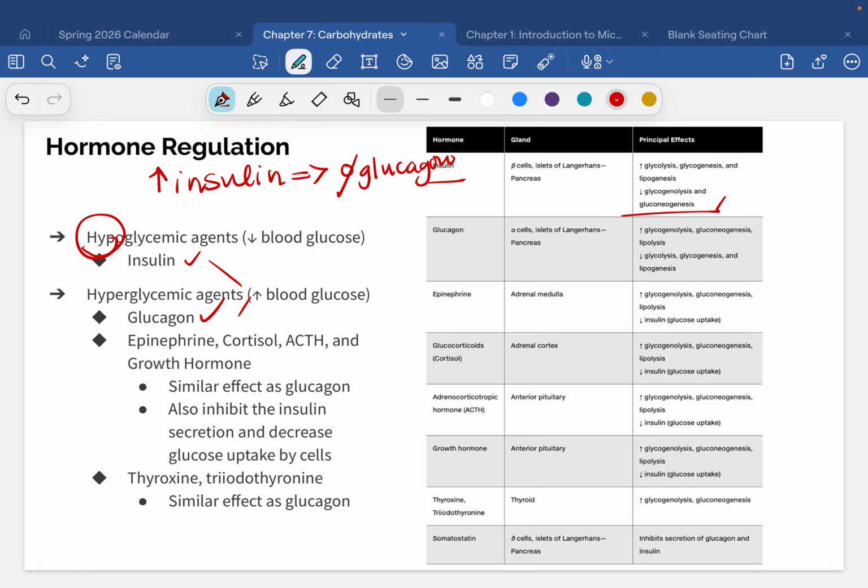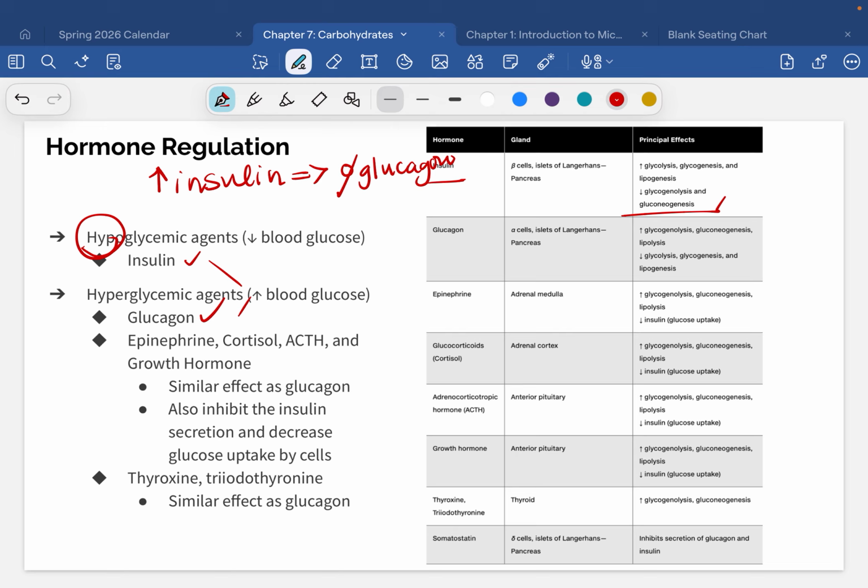And the same is true for glucagon. If your body is releasing glucagon, it is going to actively stop the release of insulin. They counteract each other. They're opposite. And that's going to become really important in just a minute when we're talking about diabetes.